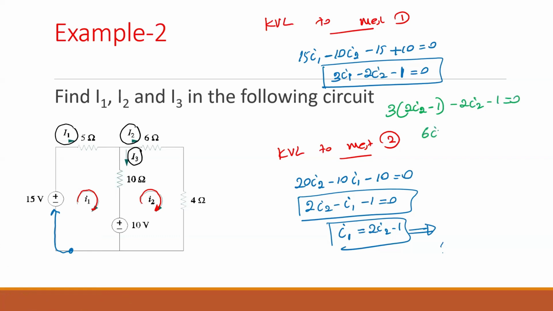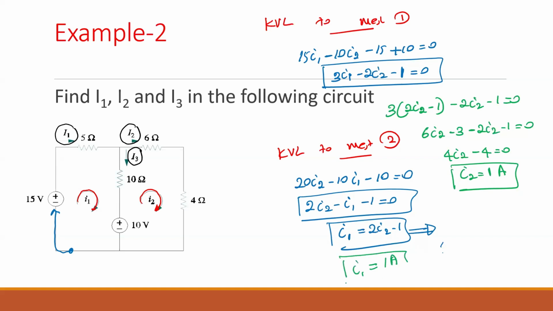So 6I2 minus 3 minus 2I2 minus 1 is equal to 0. 4I2 minus 4 is equal to 0. So I2 is 1 amp. So if you substitute that here, we get 1 amp as well for I1, isn't it?